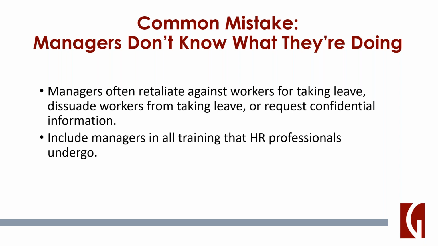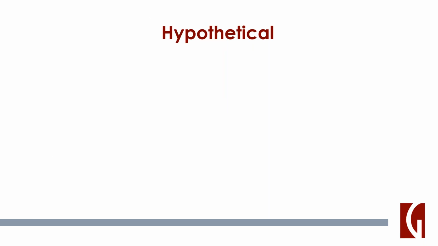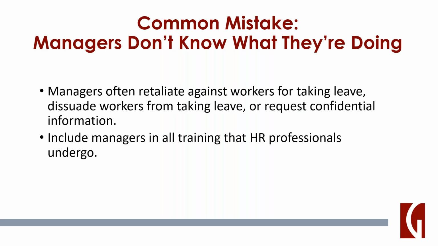Again, it's important that managers are included in all the training about FMLA leave, so they not only know what qualifies for FMLA leave and how it should be handled, but also know what the risks are in terms of not handling these appropriately, or interfering or retaliating against employees that might require FMLA leave.